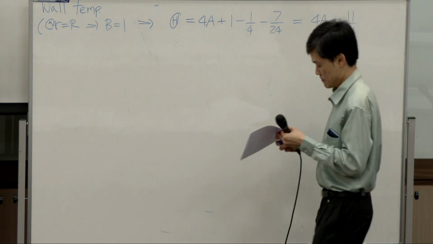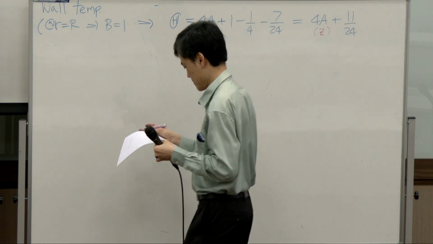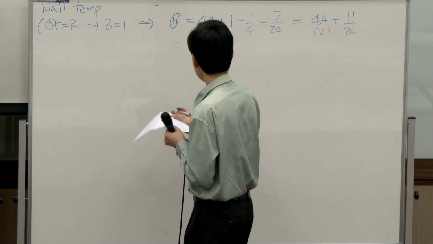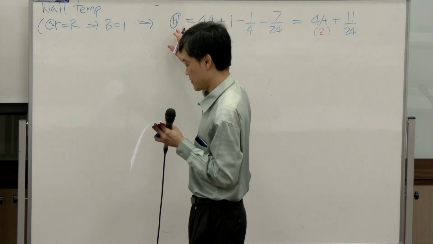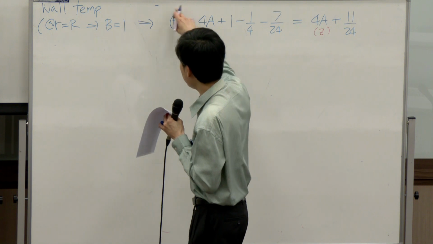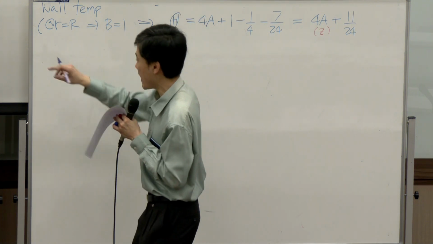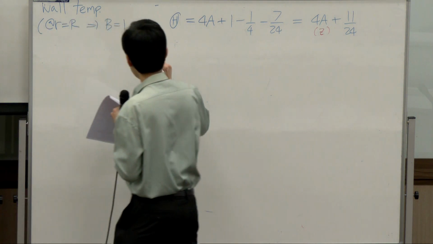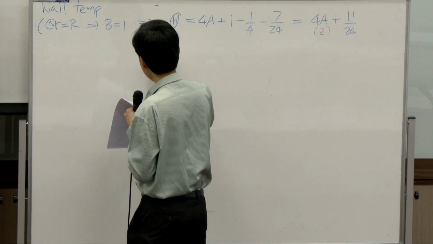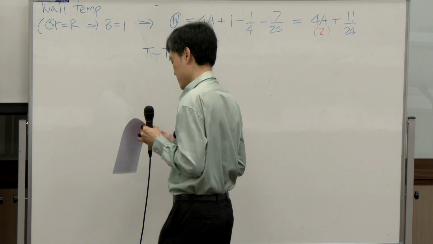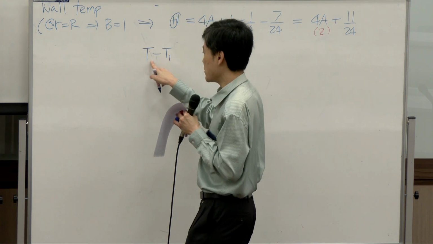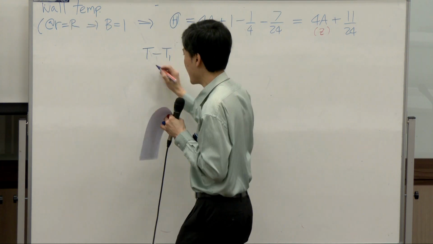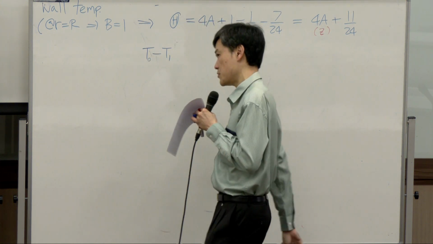Okay. So if I translate this phi back to temperature, on the left-hand side, I get T minus T1. And now, temperature here is wall temperature, and I always call wall temperature T0.